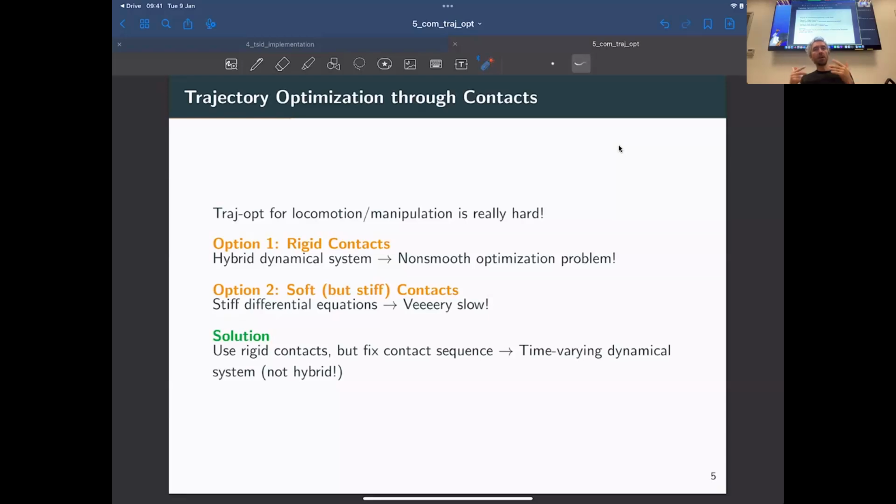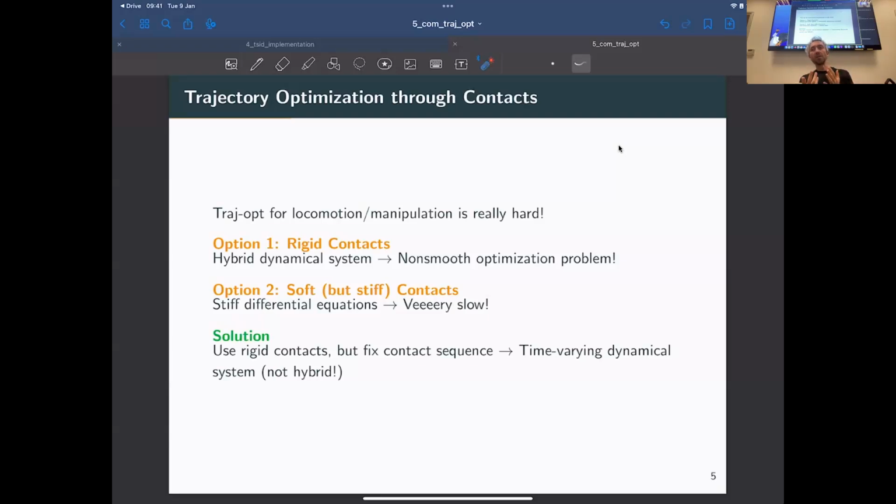If you think about bipedal locomotion, that makes a lot of sense because we know exactly the sequence in which contacts are going to be made. We make a step with the right foot, break the contact with the left foot, then make a step with the left foot, break the contact with the right foot, and so on. We repeat this cycle forever when we are doing bipedal locomotion.